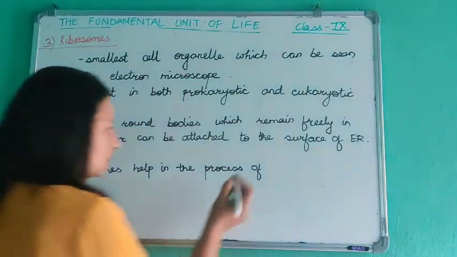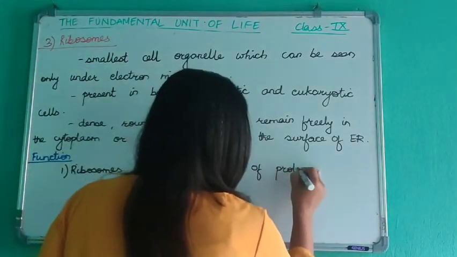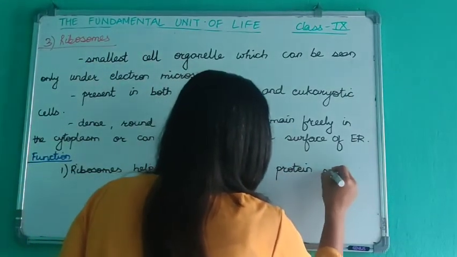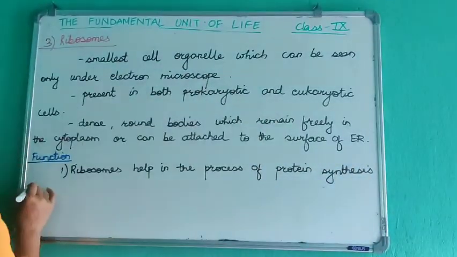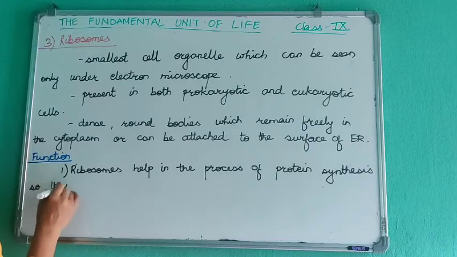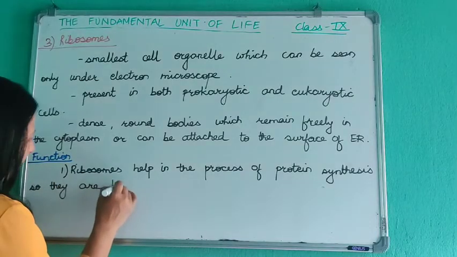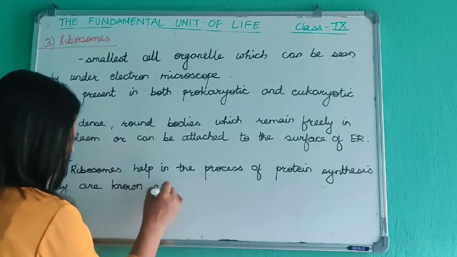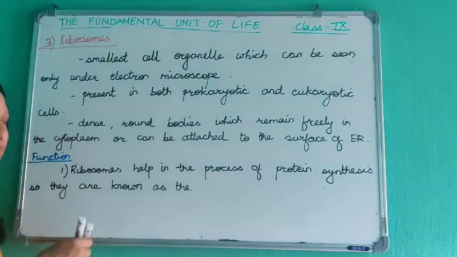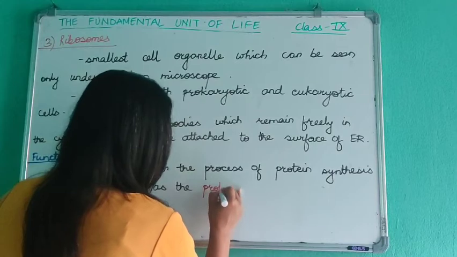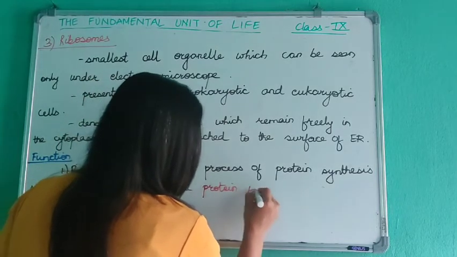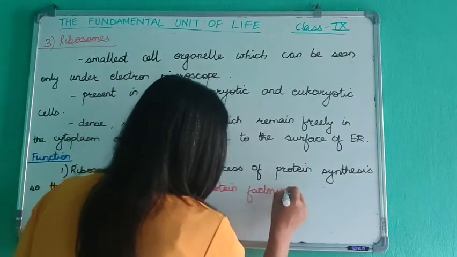Okay, protein synthesis ma help in the process of protein synthesis. So they are known as the protein factories of the cell. Protein यहाँ बनिन्छ, so त्यही कारणले यसलाई चाहिँ protein factories of the cell भनिन्छ.